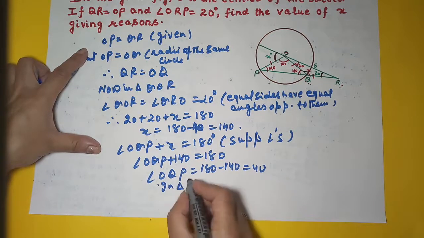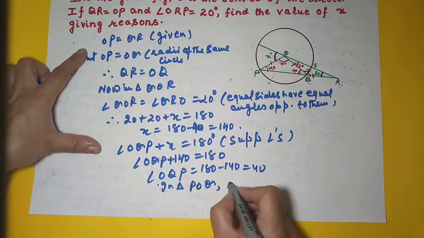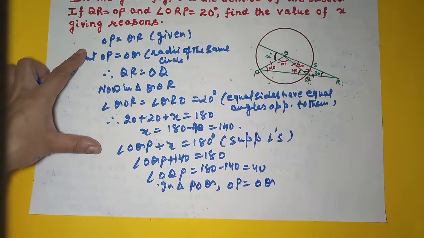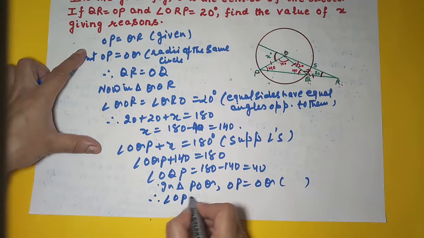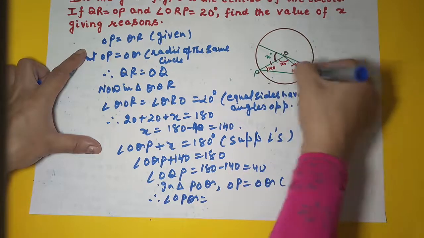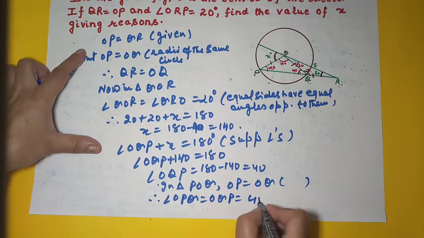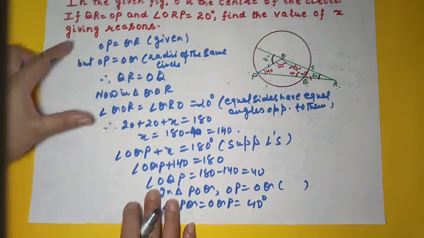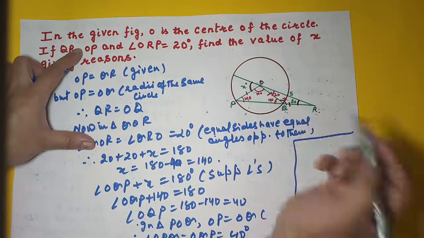In triangle POQ, OP equal to OQ. Why? Radii of the same circle. You can write that reason here. Therefore, angle OPQ is equal to OQP equal to 40. Right?